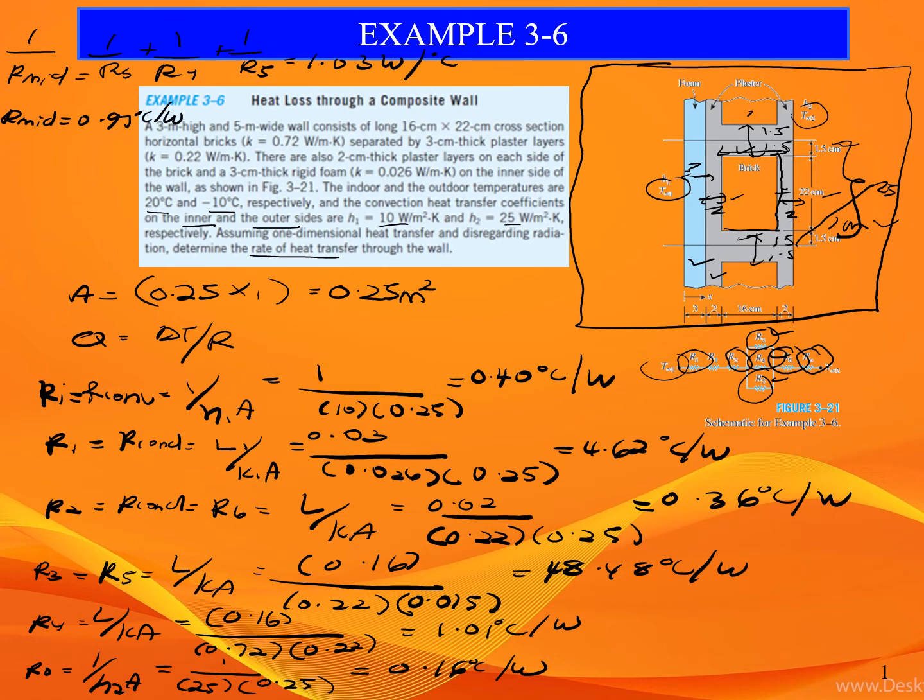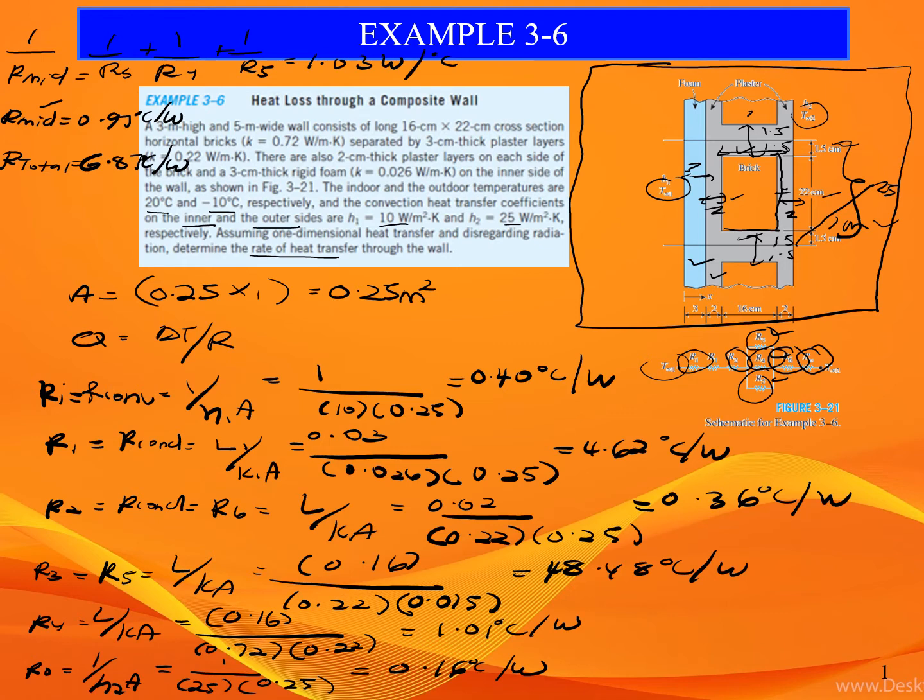Okay, so now you need to calculate the overall R total for this whole composite wall. So to calculate the R total, you need to add Ri, R1, R2, R mid, R6 and RO. So in overall, R total is equal to 6.87 degrees C over watts.